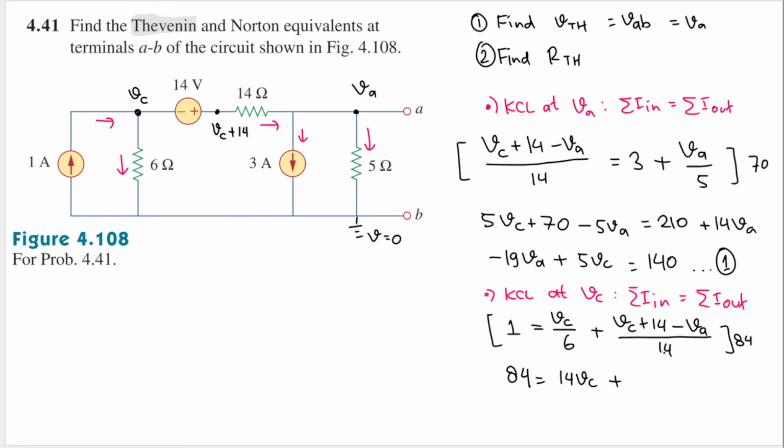And then we have 14 and 84 will cancel into 6. So I will have 6 VC. And then plus 14 multiplied by 6 is 84. And then minus 6 VA.